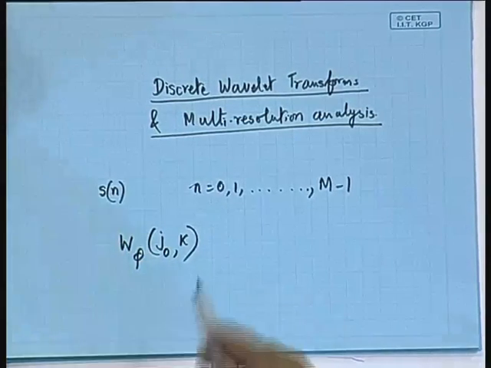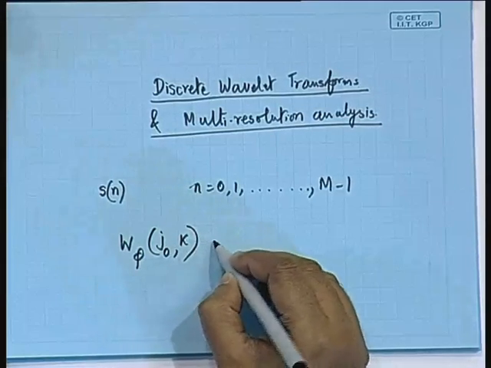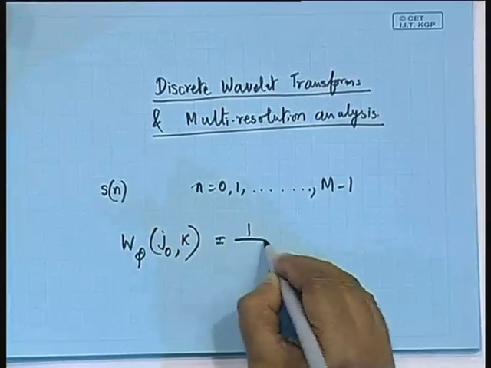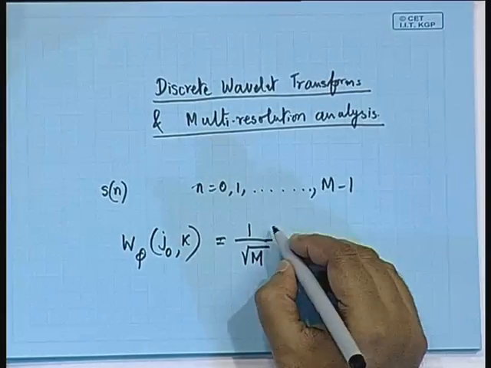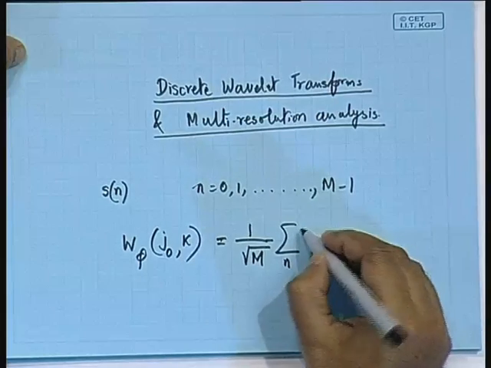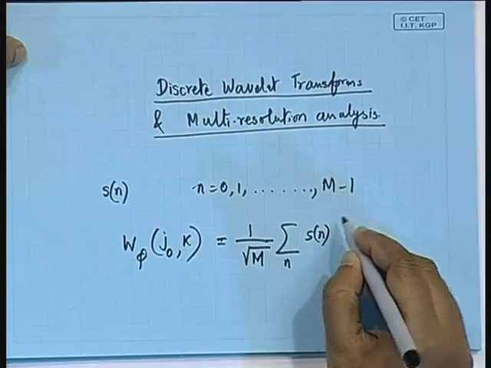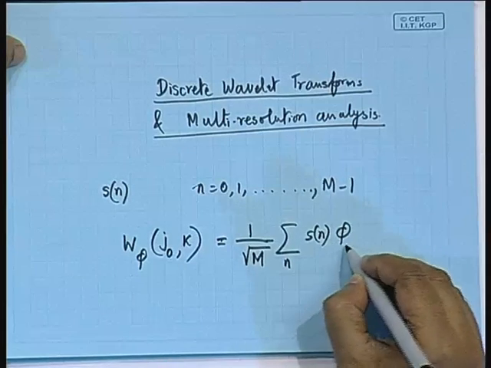So, in the discrete form I can write W phi j 0 k as 1 upon root over m, into a summation series over n of S of n into phi j 0 k of n.